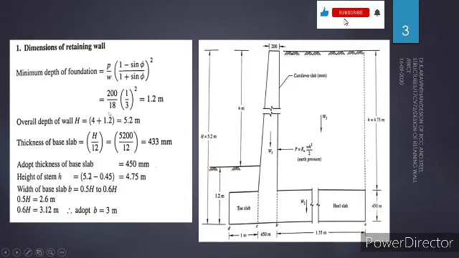If you divide this, and phi is given here as 30 degree, if you simplify this, you will be getting 1 by 3. After getting the two components, if you simplify this, you will be getting 1.2 meter. So this structure has to be constructed from a depth of 1.2 meter.